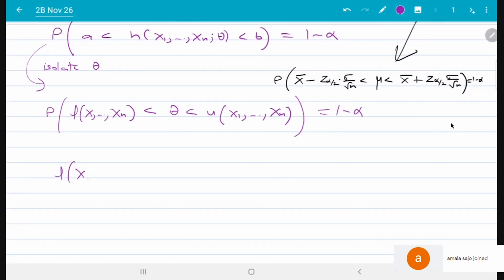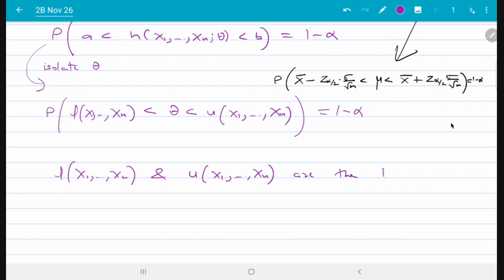Now, the lower and upper confidence intervals, confidence limits.